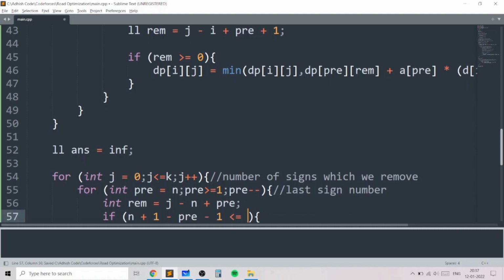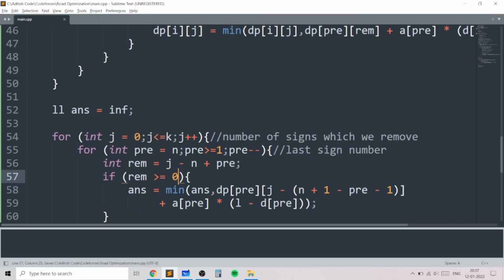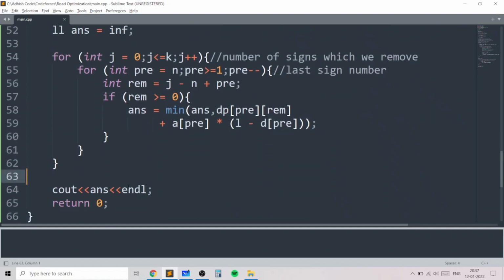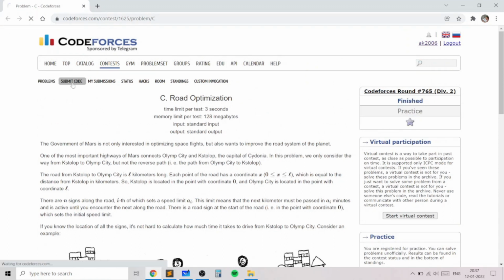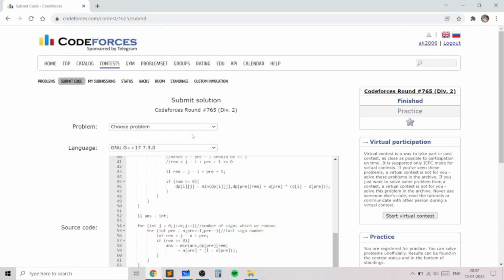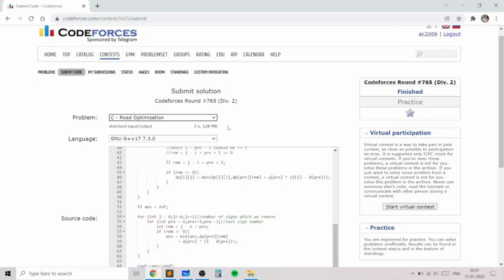So if this quantity rem is greater than or equal to 0, then we set the answer to be the minimum of the answer and dp[pre][rem] plus the speed into the distance, and that's the quantity which we take the min with, and in the end we just print the answer. So that's all that's there in the recurrence and in the final answer for this problem.